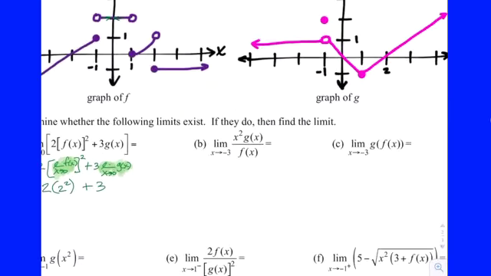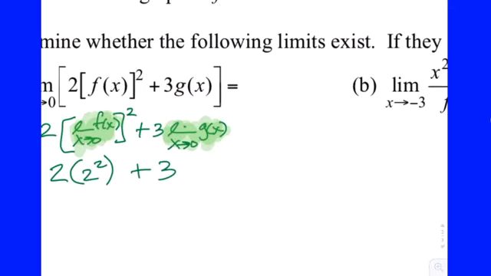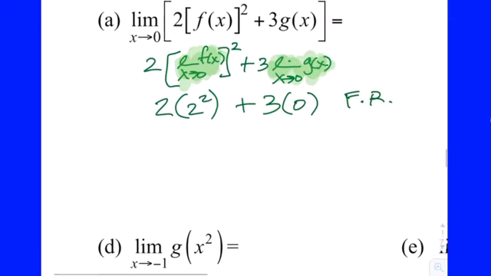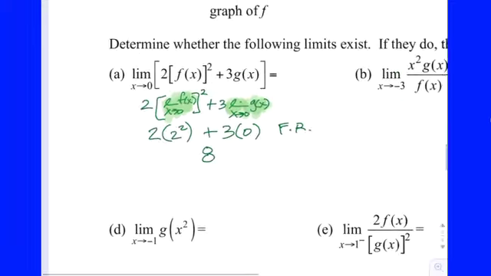I drew those, so yeah, it looks like it's passing through the origin. You can assume that it is. So there you go. There's your free response stopping point, because it exists. And of course, if it's a multiple choice, you just be careful. It's 8 plus 0, which is 8. Yeah, no big deal, right? Almost as easy as the first one.